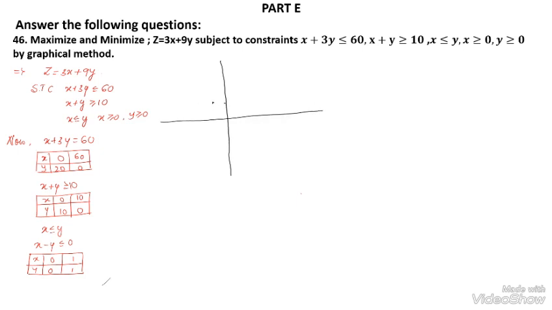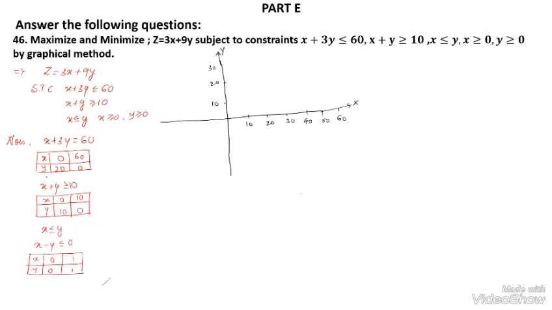Here 10, 20, 30. Up to this much is enough because our y values are 10, 20 only. Here 10, 20, 30, 40, 50, 60. This is the x-axis, this is the y-axis. Now I can plot a diagram.